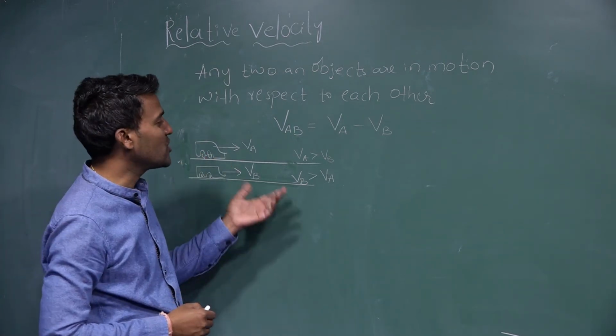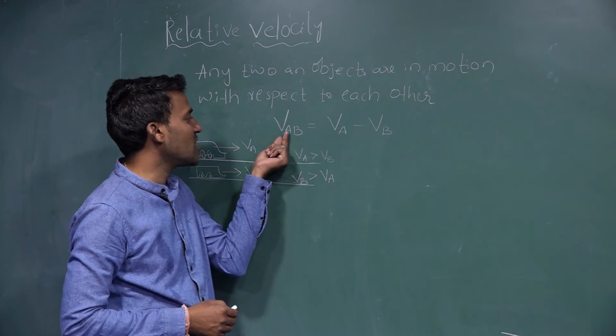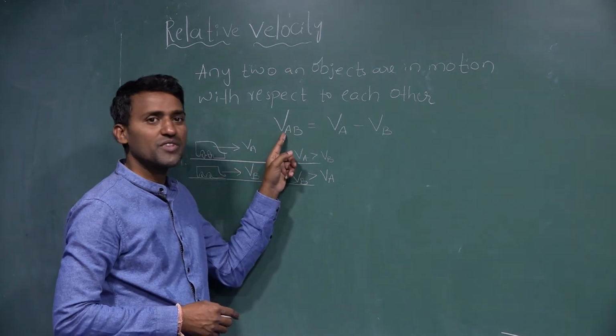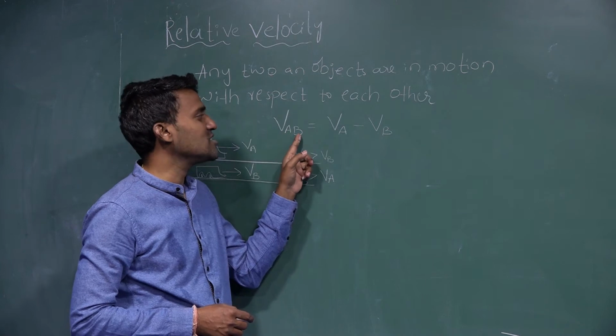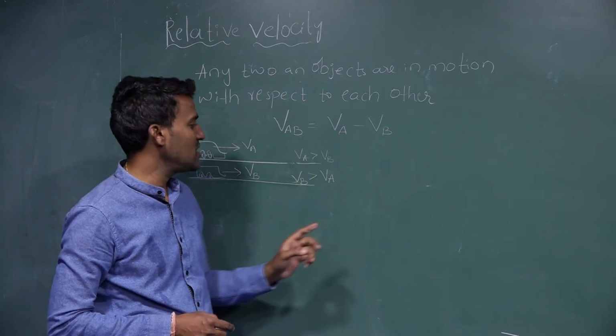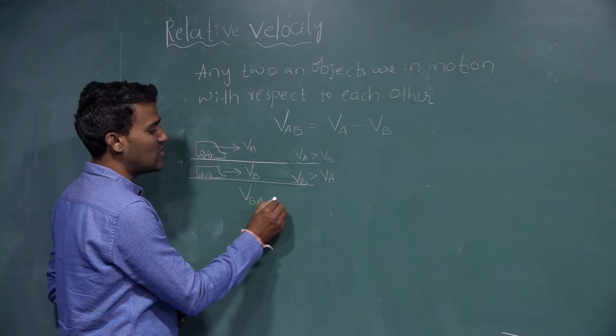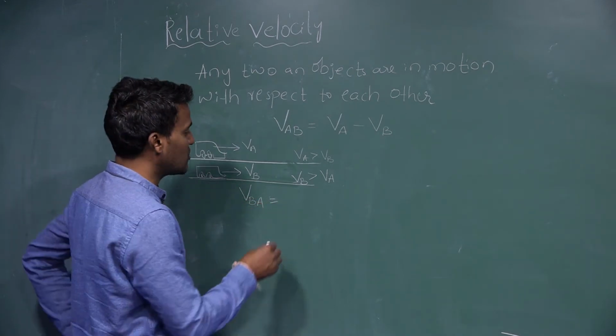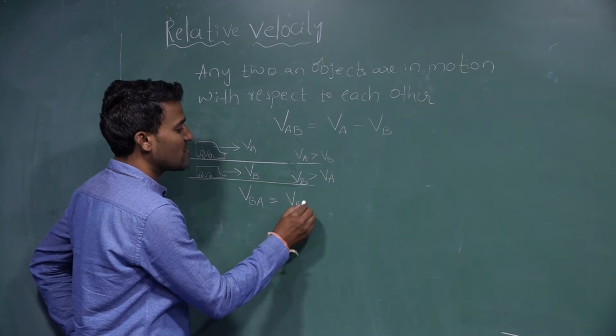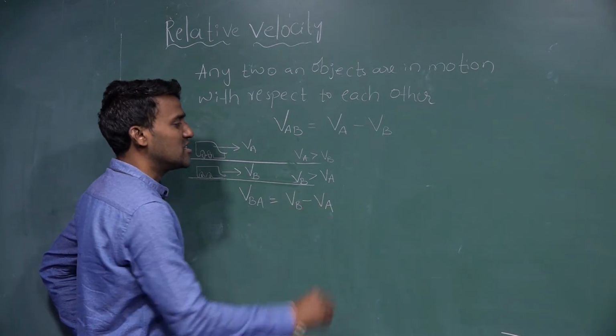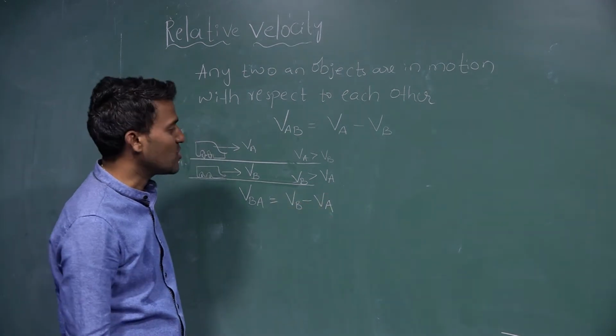At that moment, how can we write the equation? Velocity of car A with respect to B is equal to VA minus VB. And velocity of car B with respect to A is VB minus VA. Student, I will give you one example.